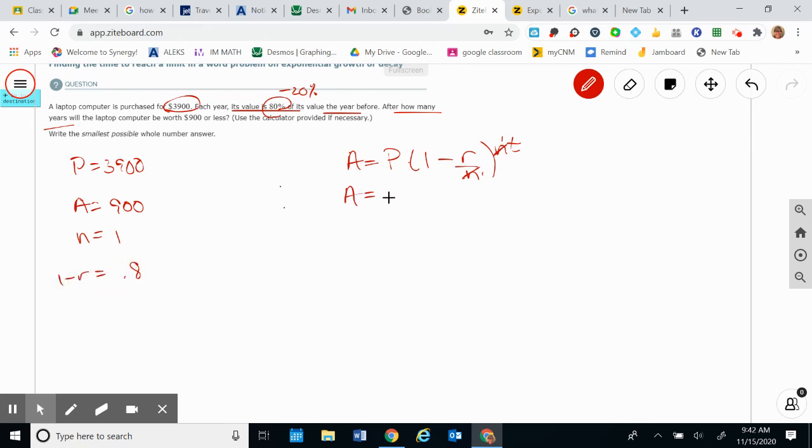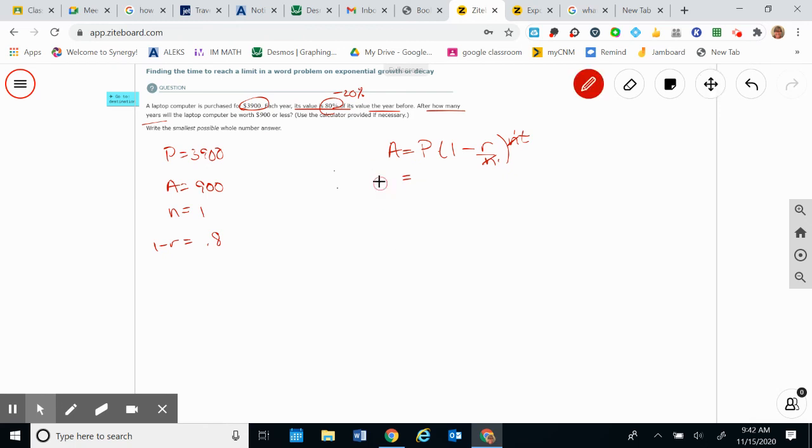Sorry, I'm going to erase this A because I don't need it. A is 900, P is 3,900, and then we're going to go 0.8 to the t. See how I substituted in there? All we did was substitute in for this quantity, 0.8. Divide by 3,900.